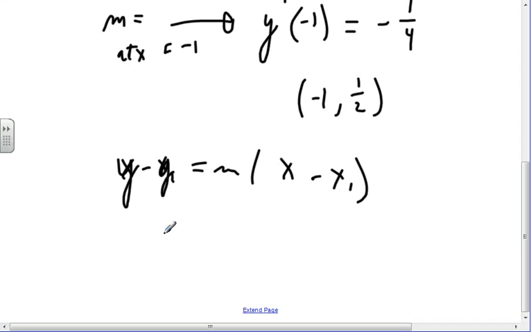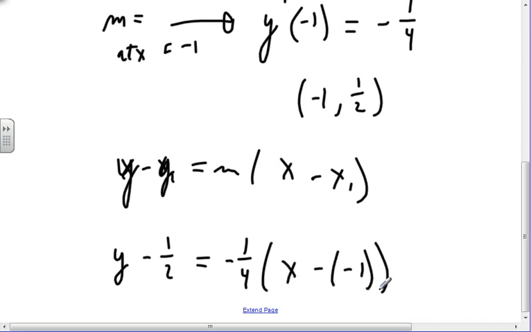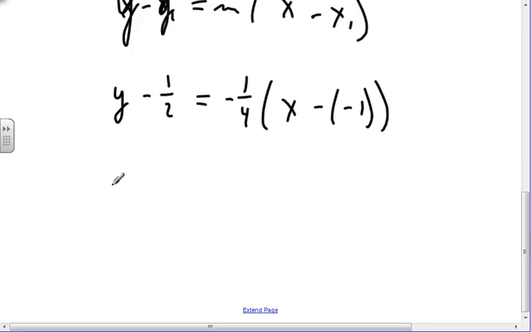So I can't possibly forget it. So y minus 1/2 is equal to minus 1/4 times x minus a minus 1. So we're executing the point slope formula.